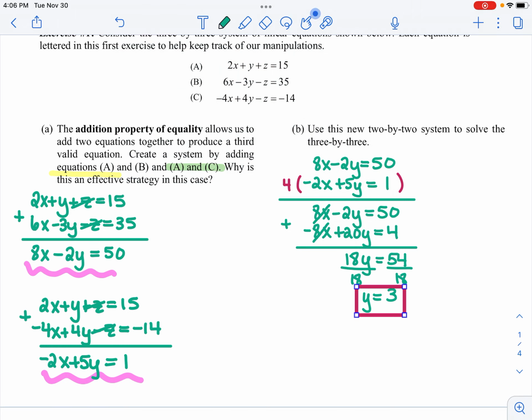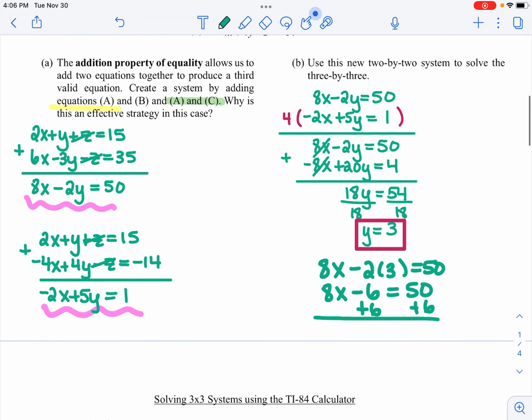So I'm just going to take the first one, that 8x minus 2y. I'm going to plug in 3 for y is equal to 50. So I get 8x minus 6 equals 50. Add over the 6. 8x equals 56. Divide by 8, and we get x is equal to 7.